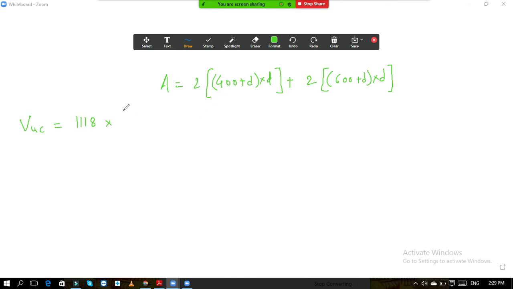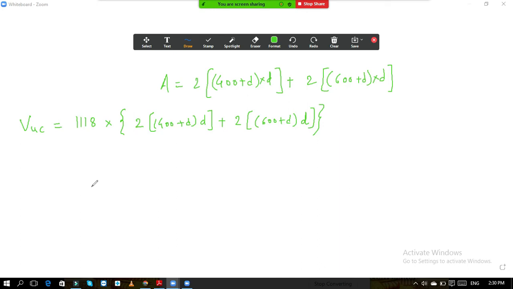So this area is, here I will write, 2 into bracket 400 plus D into D, this bracket complete, plus again 2 into, here in bracket 600 plus D into D, this bracket will complete and this total bracket will complete. So this is the area now.